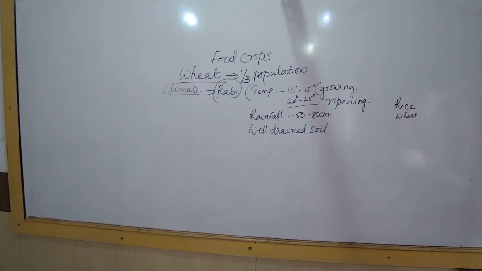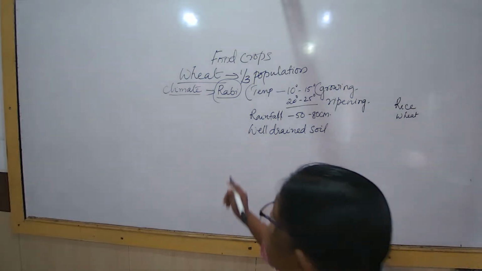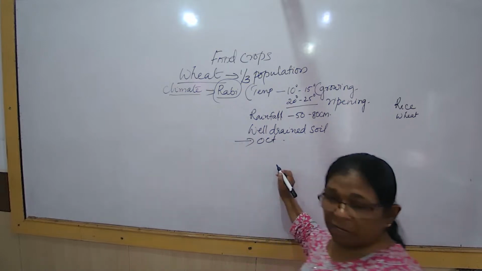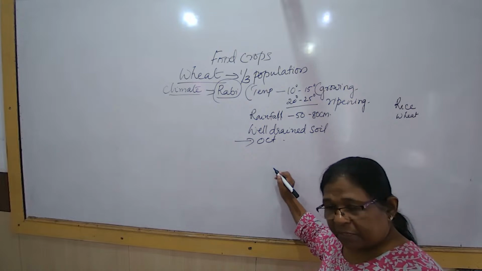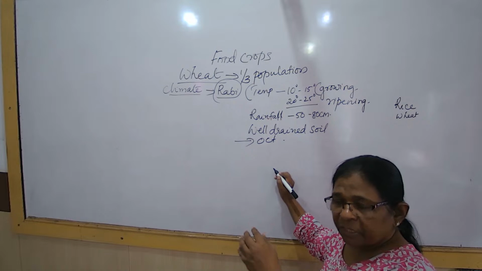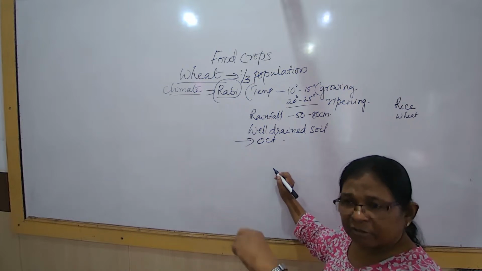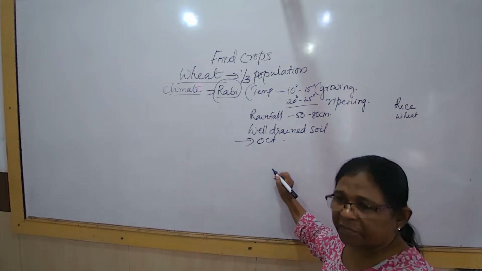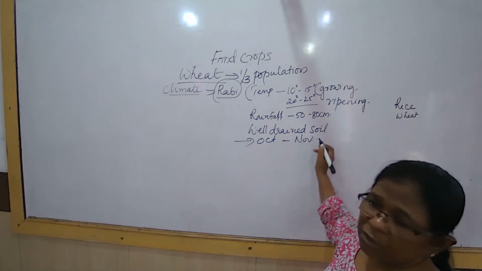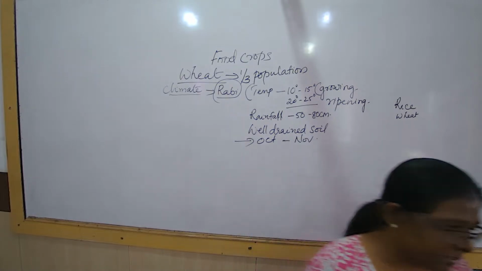So harvesting is in March. October, November, what did I tell you? The monsoon is retreating. So by that time the monsoon is already over, and the land is ready for tilling, that is plowing and all. It is ready, so that is why it is easy to plow the land.